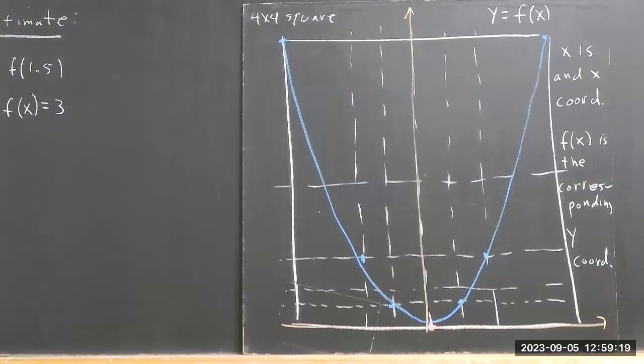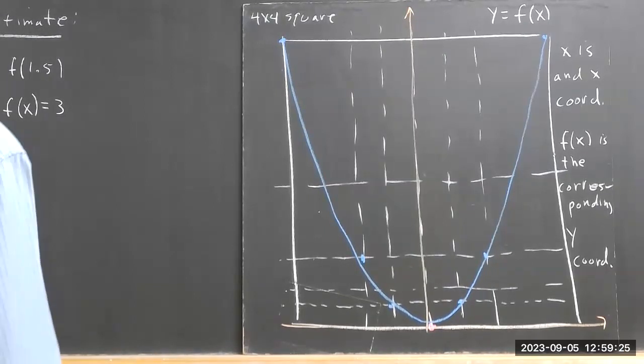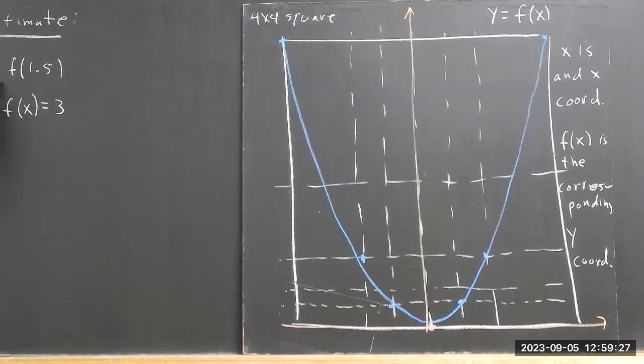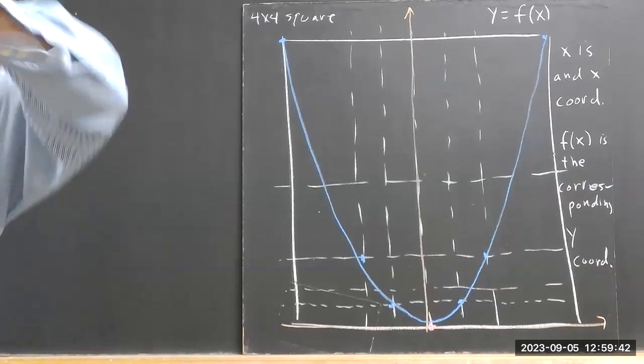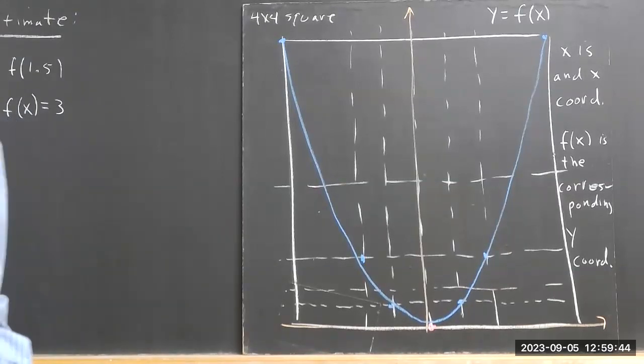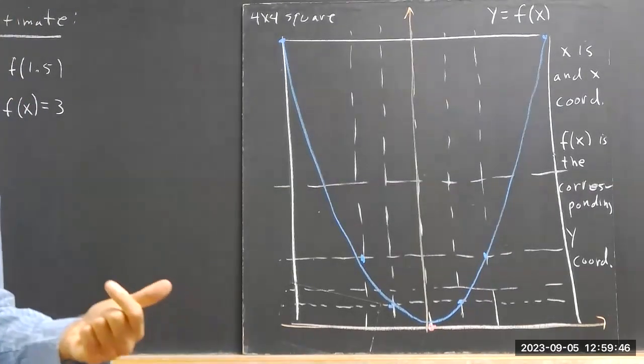Then I'm going to give you a few to do. Okay. Very simple. I'm going to estimate f of 1.5. Now, 1.5 is the x coordinate or it's a y coordinate. Show me, not saying anything, whether it's x or y. Is 1.5 an x coordinate or a y coordinate?